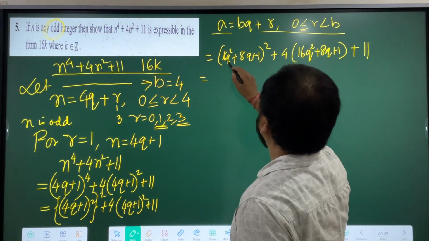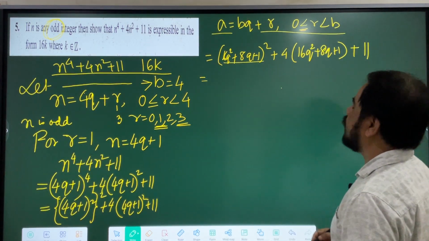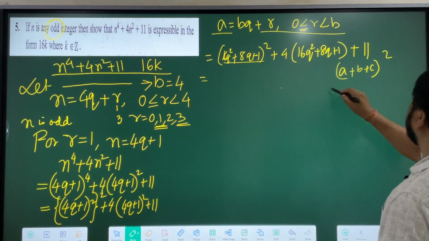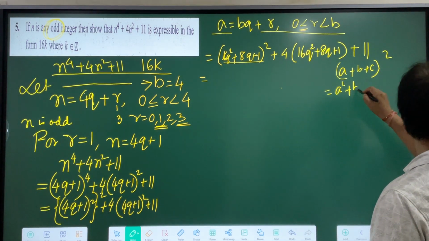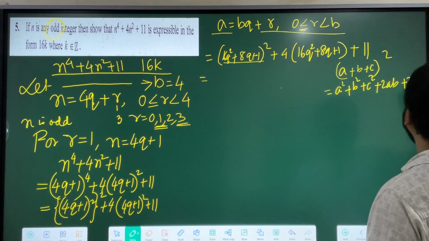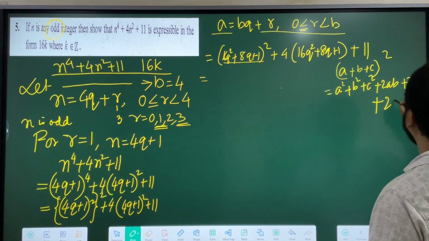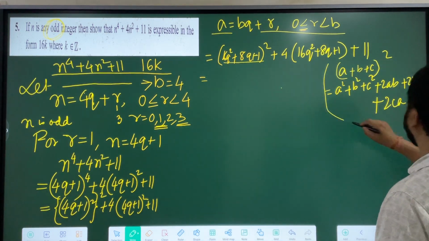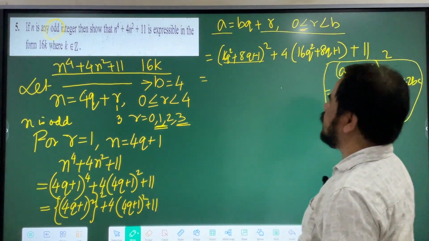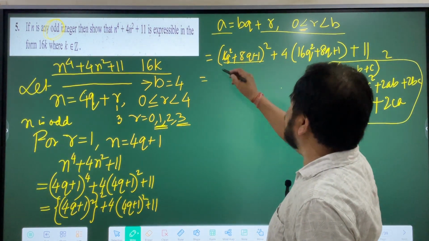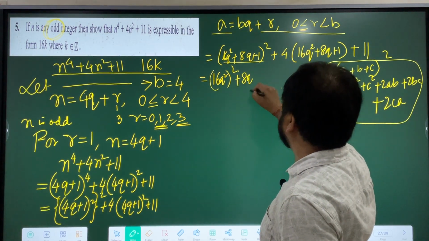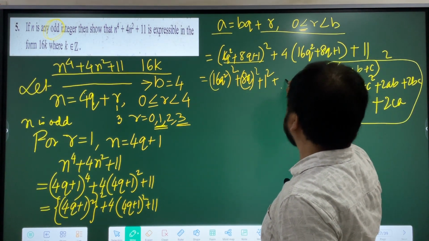This one again you have to do with the a plus b plus c whole square formula. What is the a plus b plus c whole square formula? a square plus b square plus c square plus 2ab, 2bc, 2ca. This is the formula you have to apply. I am not going to write it, you will write it yourself. This one is like this: 16q square plus 8q whole square plus 1 square.